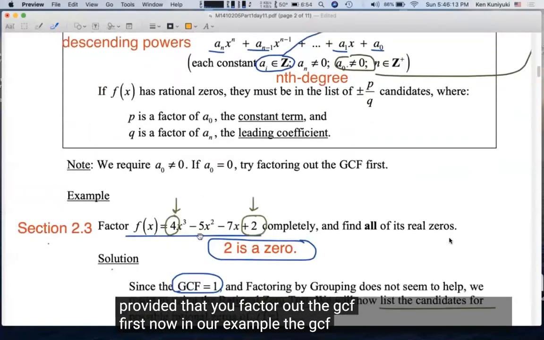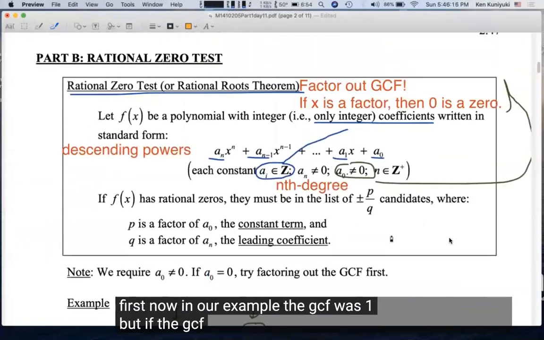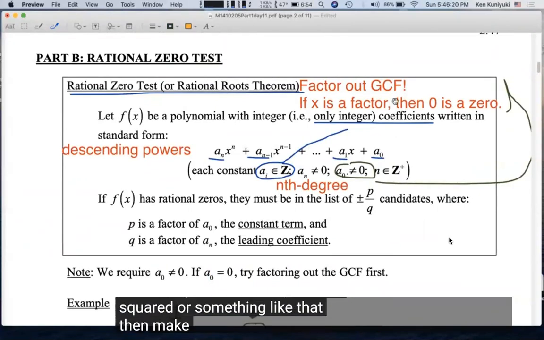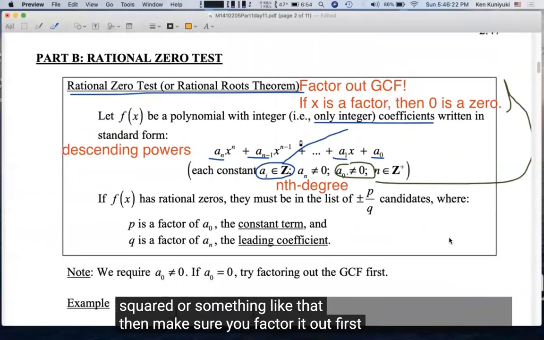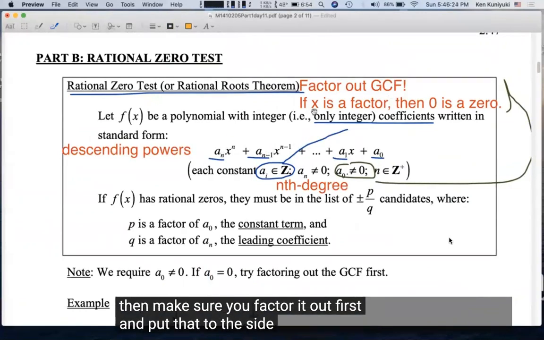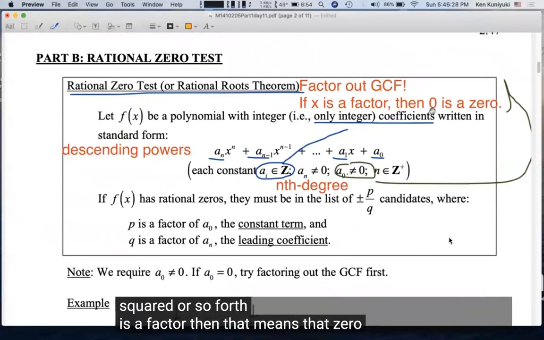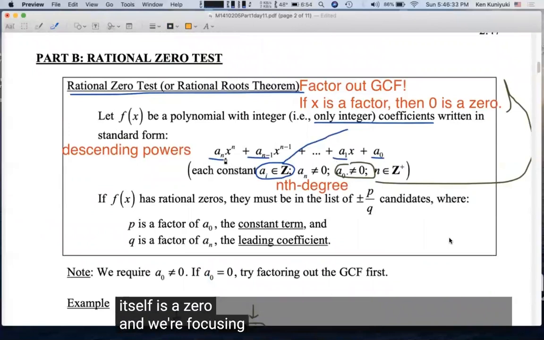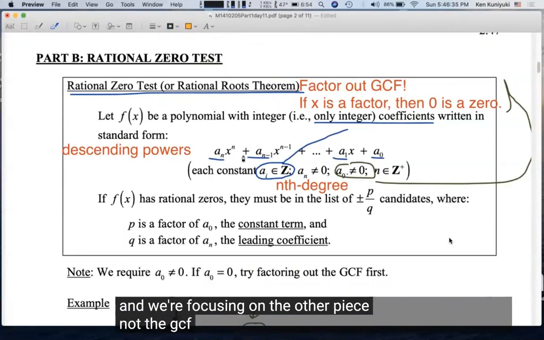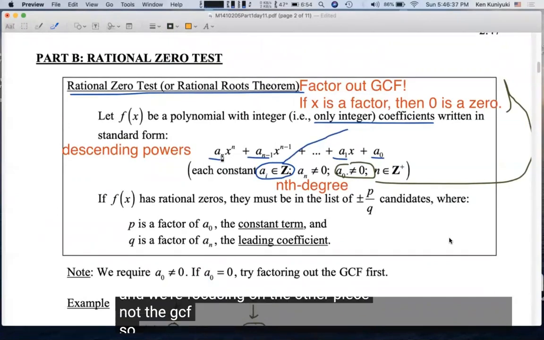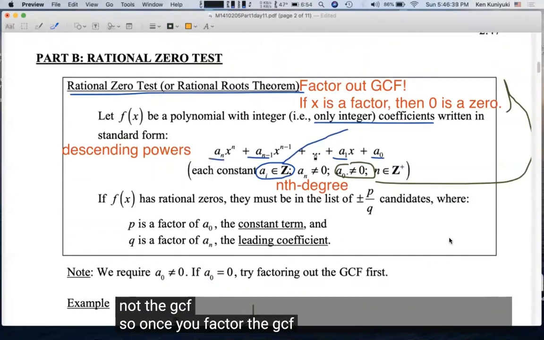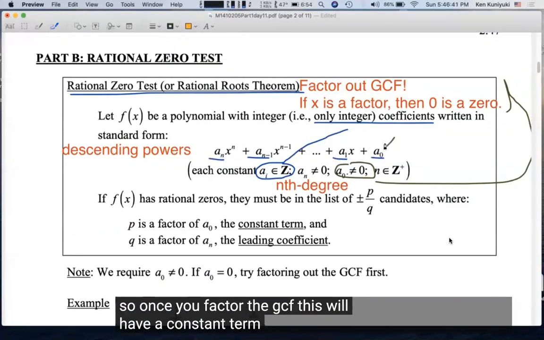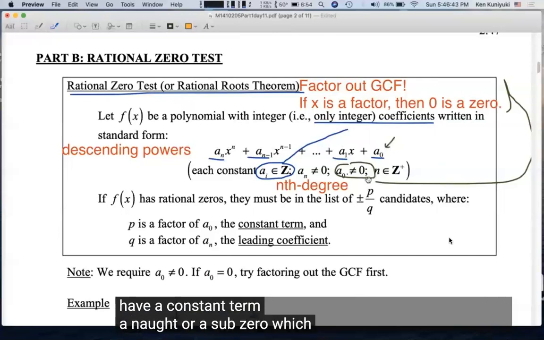provided that you factor out the GCF first. Now, in our example, the GCF was 1. But if the GCF is, for example, x or x squared or something like that, then make sure you factor it out first and put that to the side. If x or x squared or so forth is a factor, then that means that 0 itself is a 0. And we're focusing on the other piece, not the GCF. So once you factor out the GCF, this will have a constant term, a sub 0, which will not be 0.